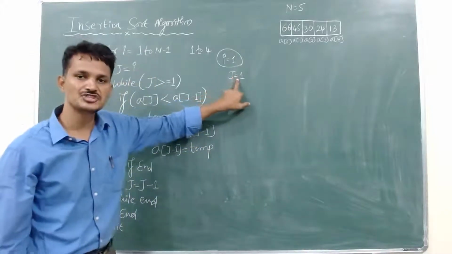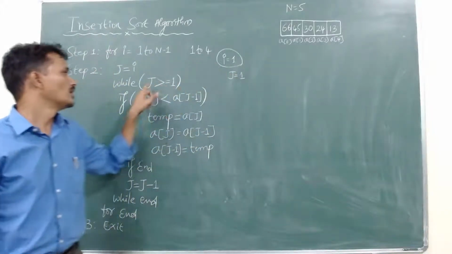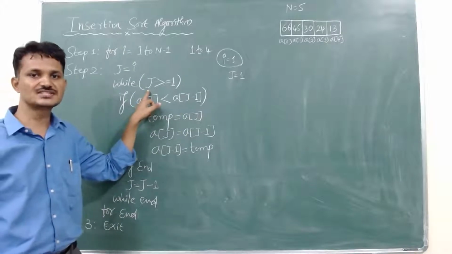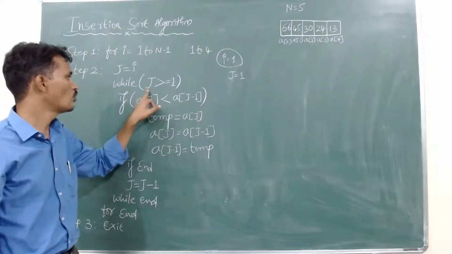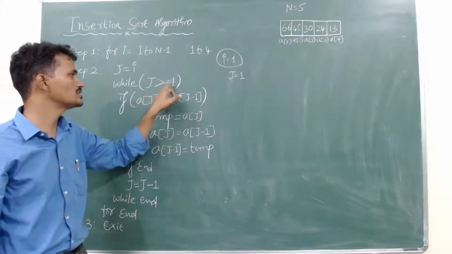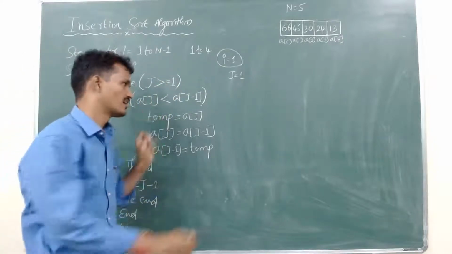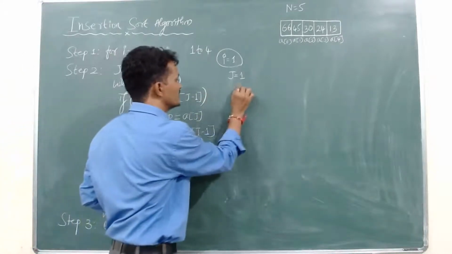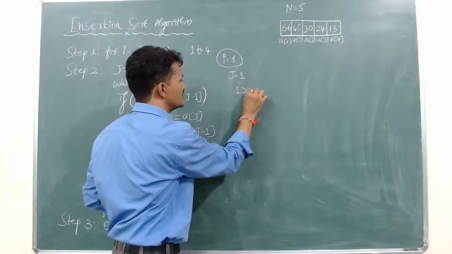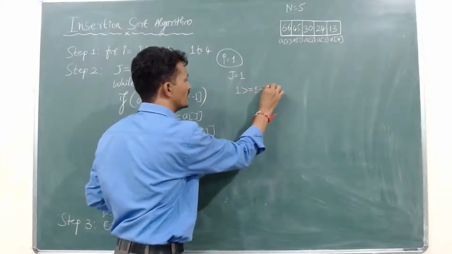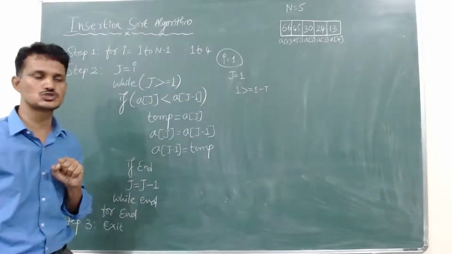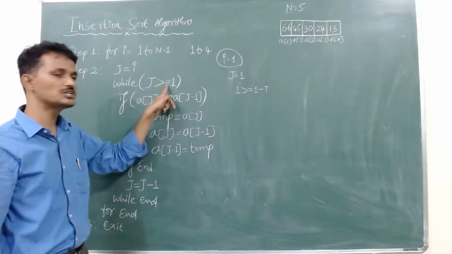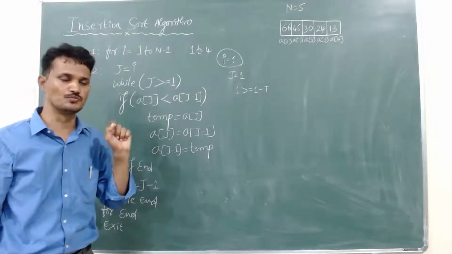What is the value of j? 1. Substituting, 1 is greater than or equal to 1. Of course, because of the equal to sign, the condition will be true.